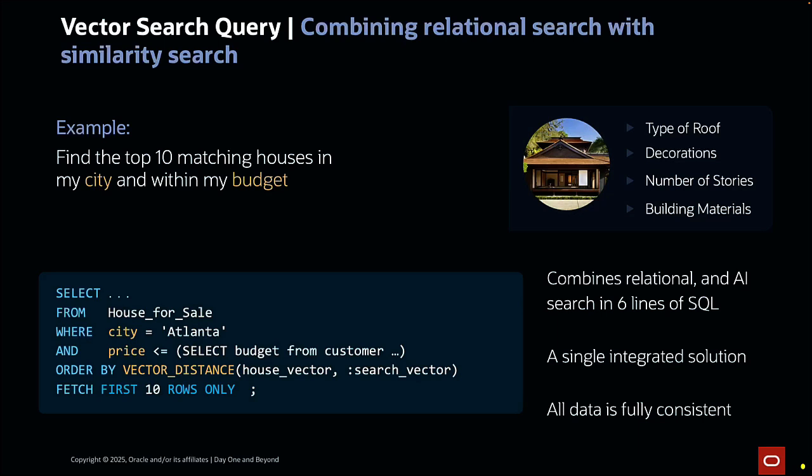The budget is available in my customers table, so I'm doing a join against my customers table to determine the budget. And I'm only doing the similarity search, or the distance operation, between photos that match the photo I've uploaded, and those houses are in Atlanta and they're below my budget threshold. And we're able to do this with only 6 lines of code.